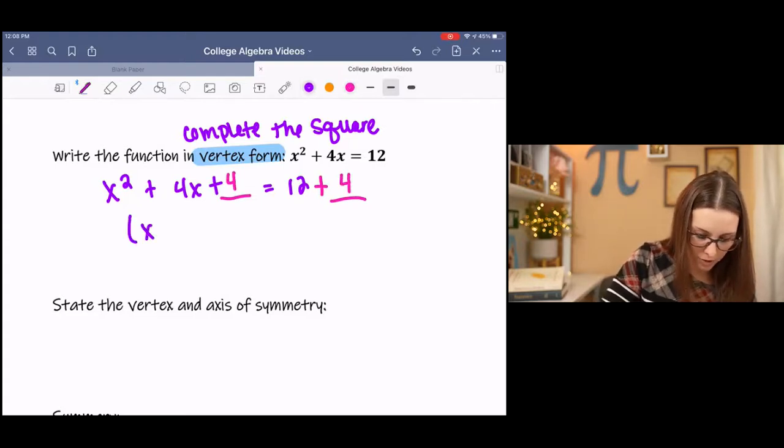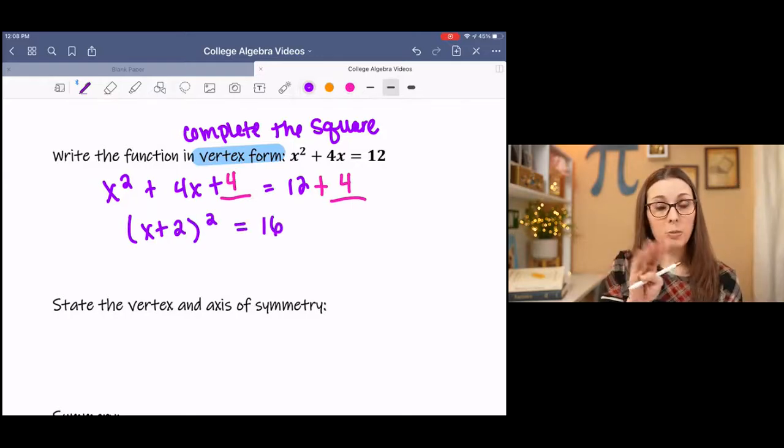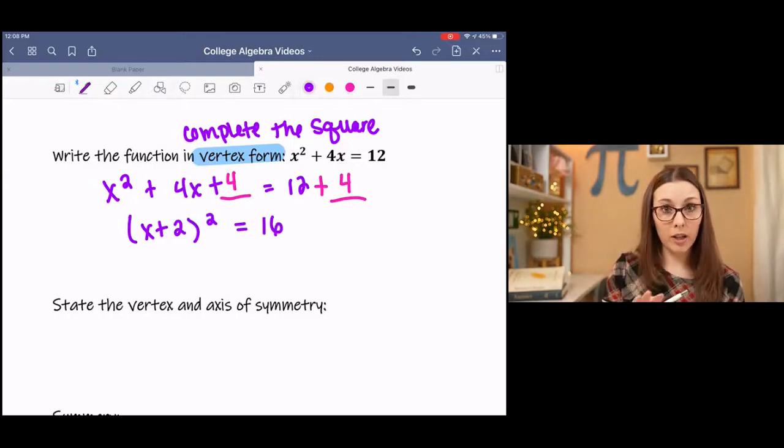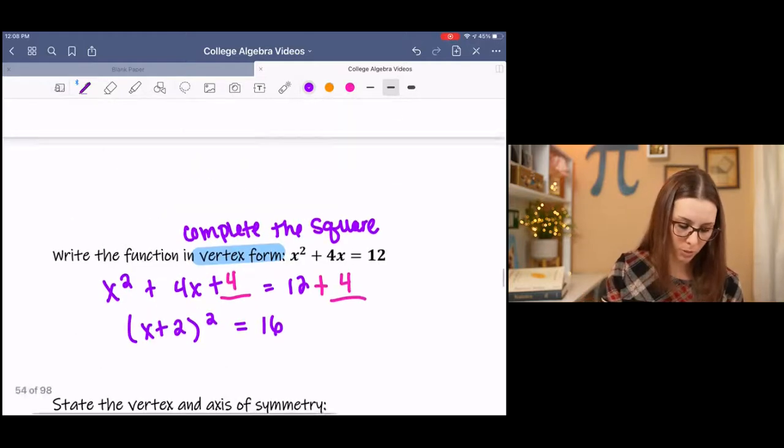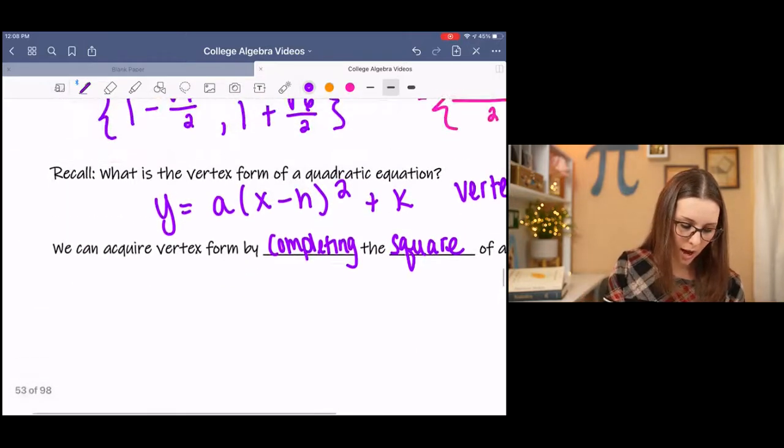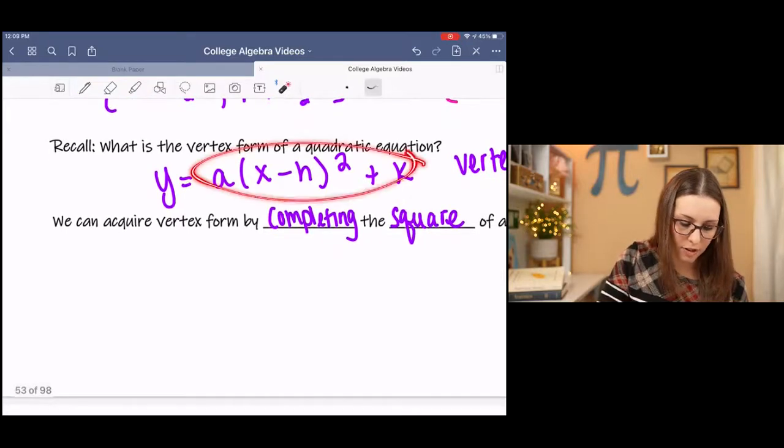Then I'm going to factor the left side, sorry. Now, stop right here. In the previous examples when we were solving, we square root both sides and solve for x. But one little difference is we're not solving. We're asking for vertex form. And vertex form has everything on the same side.